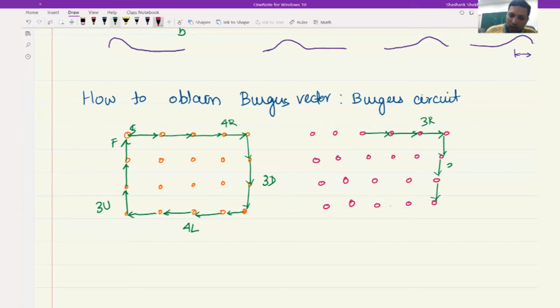So we will keep with our 4 right. Now 3 down, just like in the perfect crystal, and then 4 left, and then 3 up. What we see is that if it is an imperfect crystal, then this does not close.